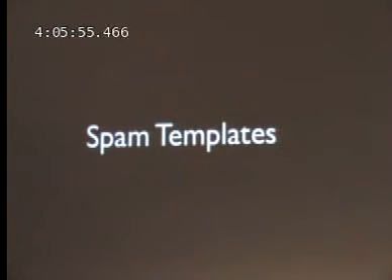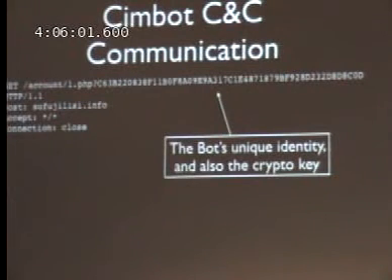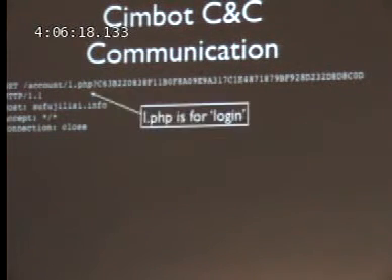So all the spam bots have been encrypting their templates lately. Symbot, for example, generates this big string here off of the system volume ID and the CPU ID and the machine name and so forth. Anyway, it's basically just a big random number. I use that to apparently log in.